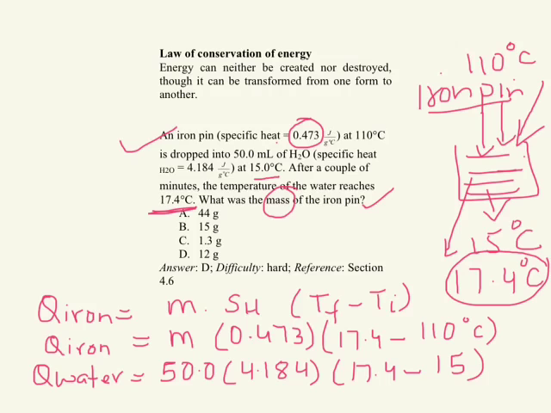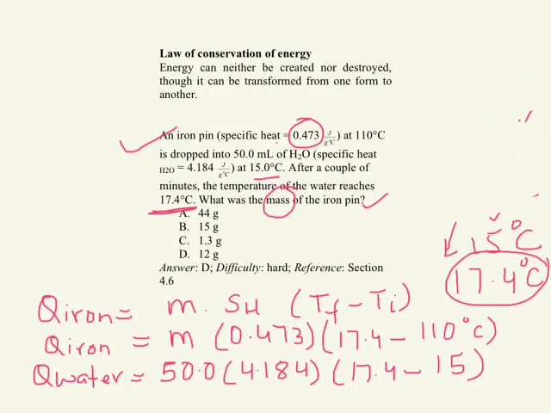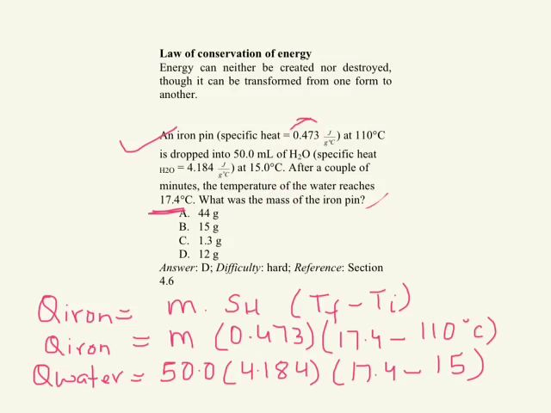Now, what you need to understand here is that the heat lost by iron is gained by the water. So we're going to say Q iron equals negative Q water.